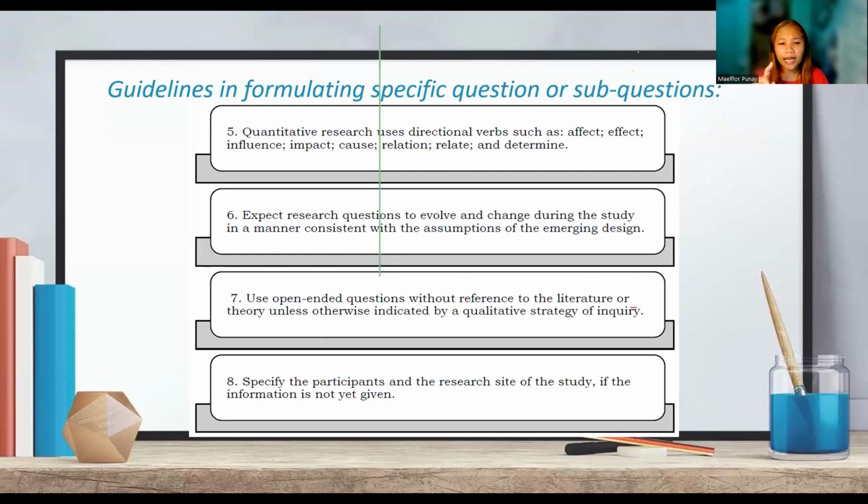Especially if you have specified this in your research, you put your specification here of who the participants of the study are. You itemize the age, the sex, or, when we talk about specification, the strand and what they use, okay?